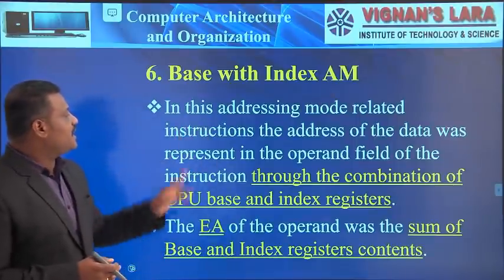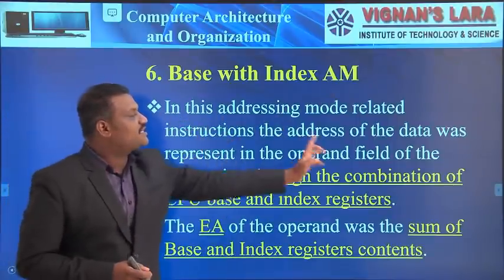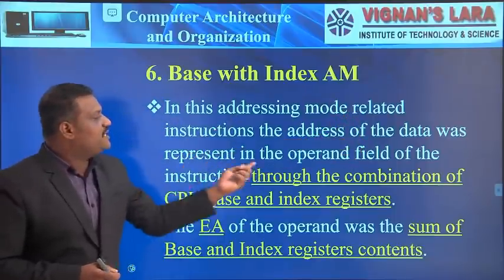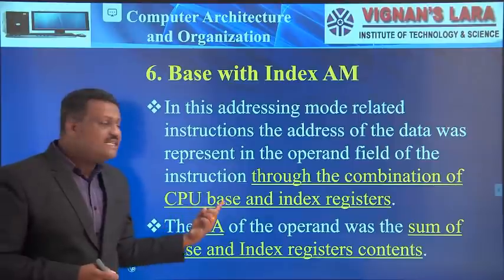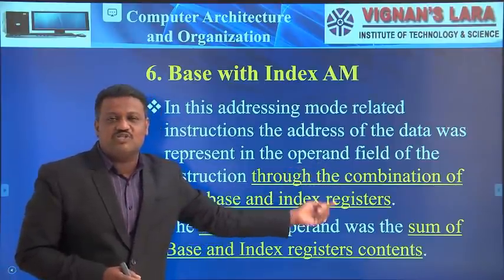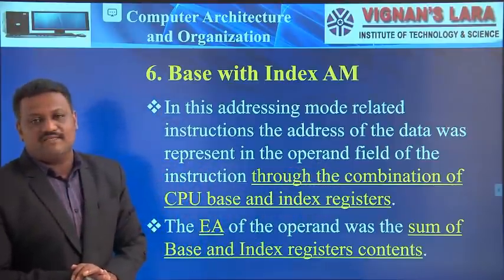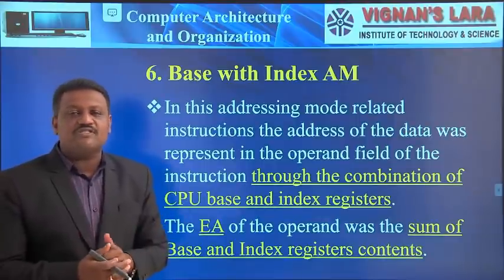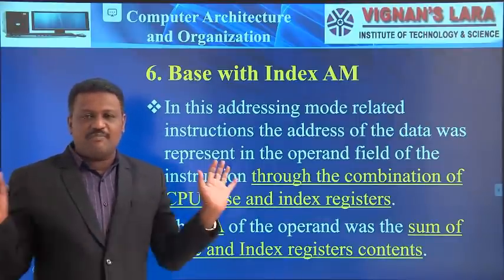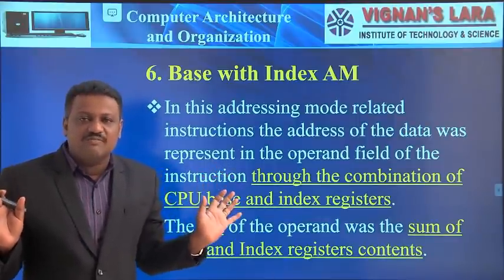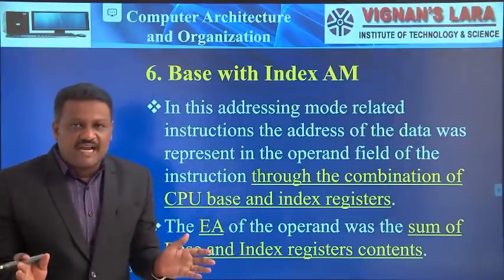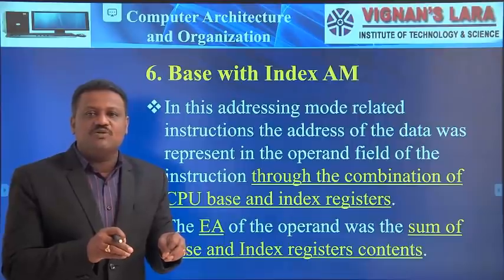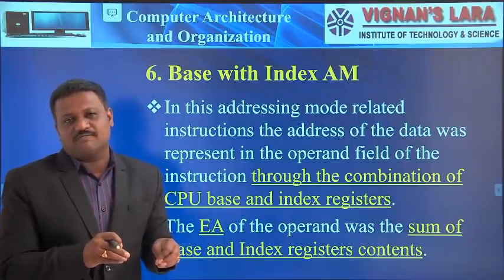So here I can say that in this addressing mode, the address of data is represented in the operand field of the instruction through the combination of base and index registers. Both are CPU registers, guys. In this case, I am not writing my data address directly in the instruction itself. Instead, I can copy that value into another CPU register.